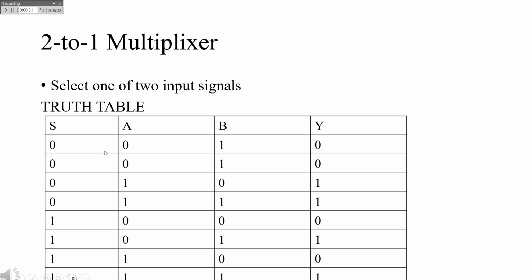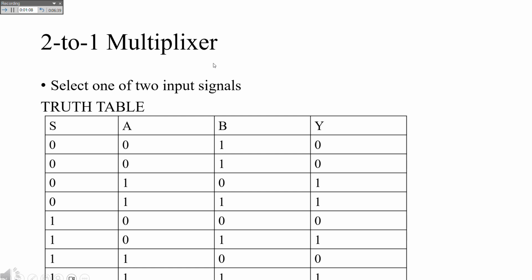The logic equation for this is that the selector S will take the input A, that is S multiplied by A, plus the same selector S will take the input B. When B gives us a high input and A gives us a low input, Y as an output is 0, which is low. So that would be the equation.